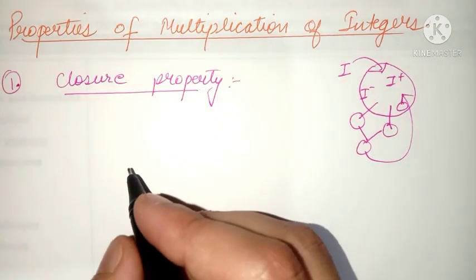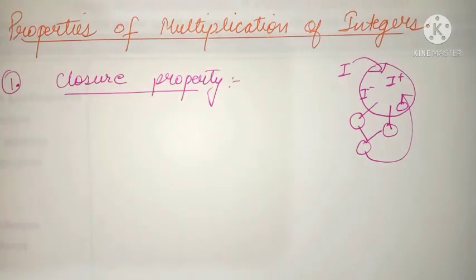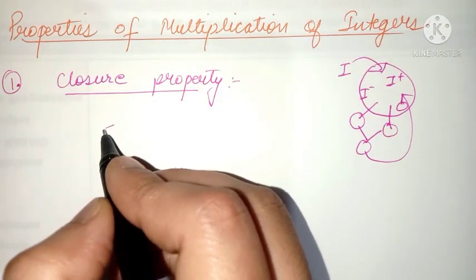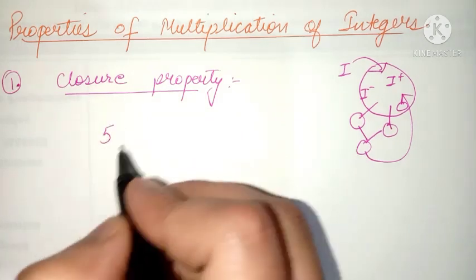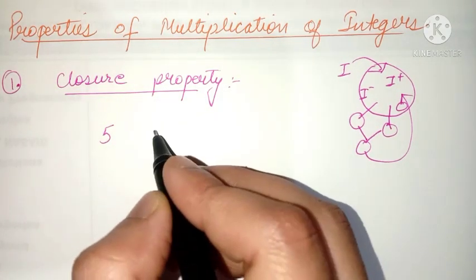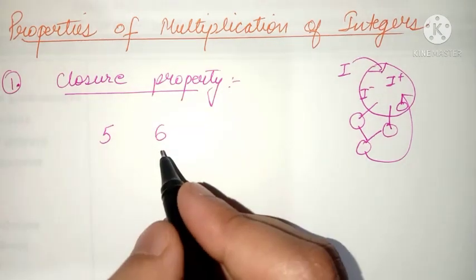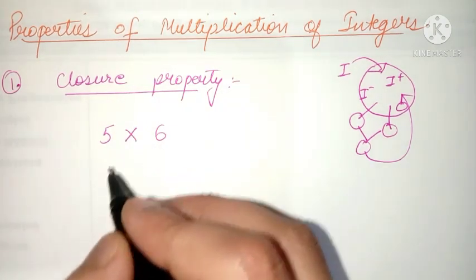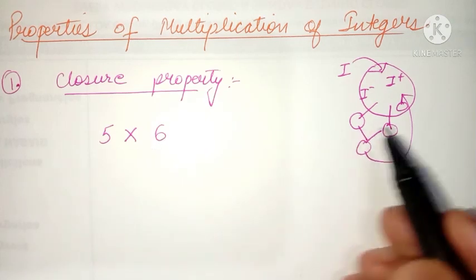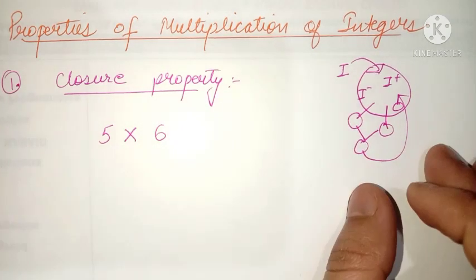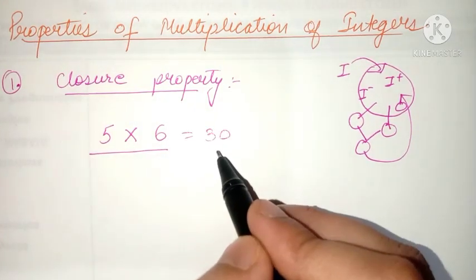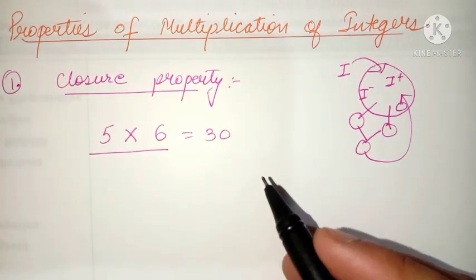Let's take an example to understand this properly. Suppose we know that 5 is an integer, a positive integer. If we take another number, suppose 6, it is also an integer. Both integers have been taken from the set of integers only. Now if we multiply, we get 30. Isn't this 30 an integer?